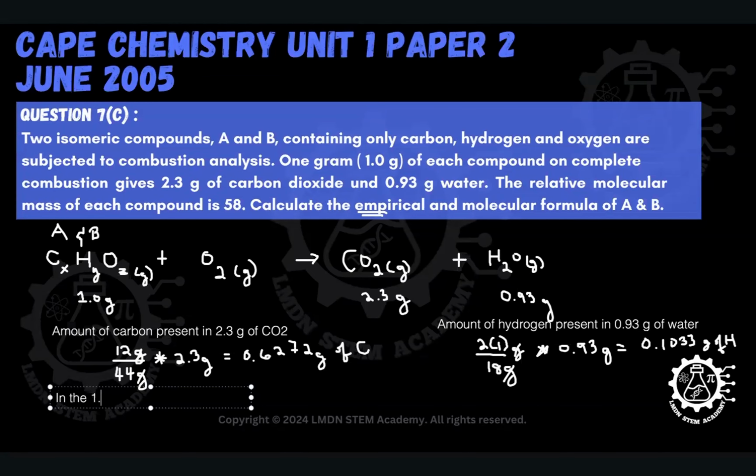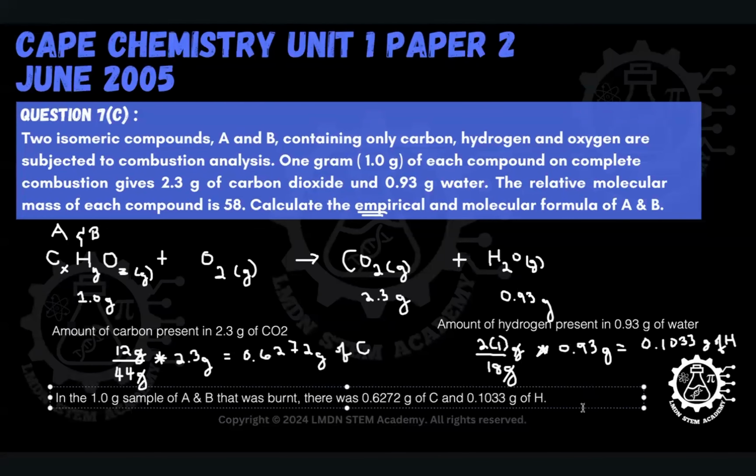In the 1.0 gram sample of A and B that was burnt, there was 0.6272 grams of carbon and 0.1033 grams of hydrogen.